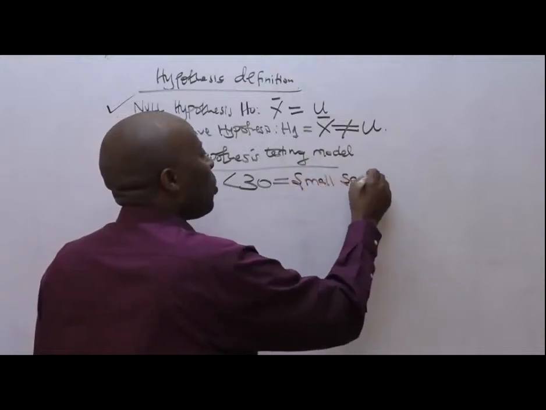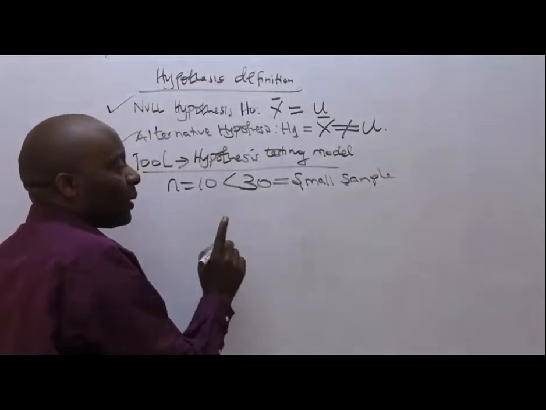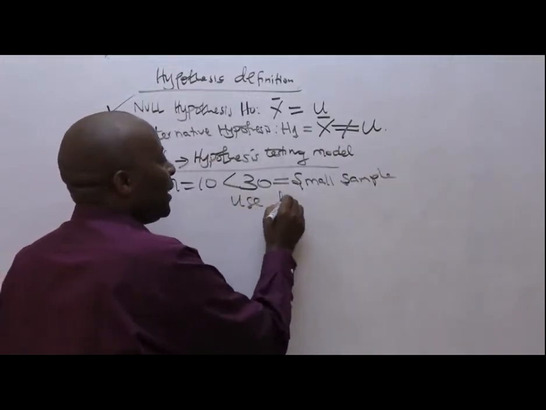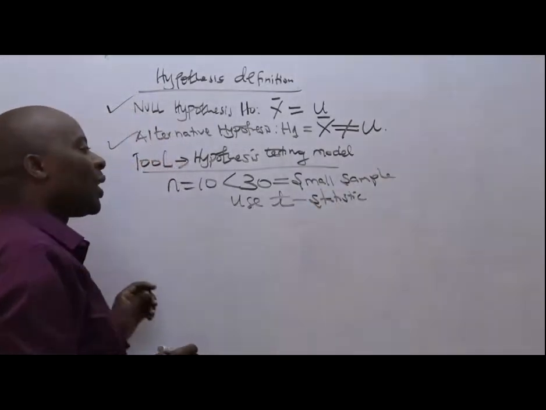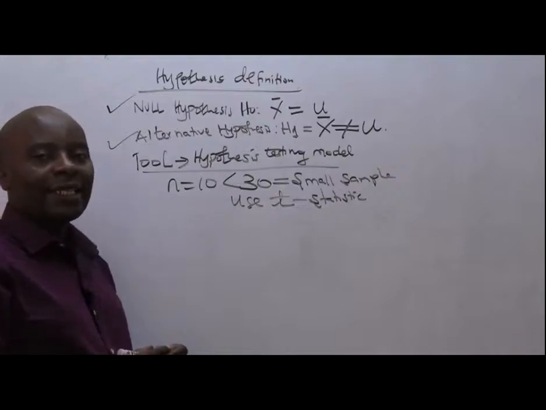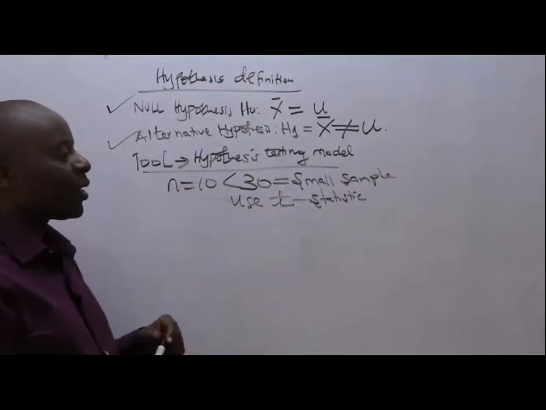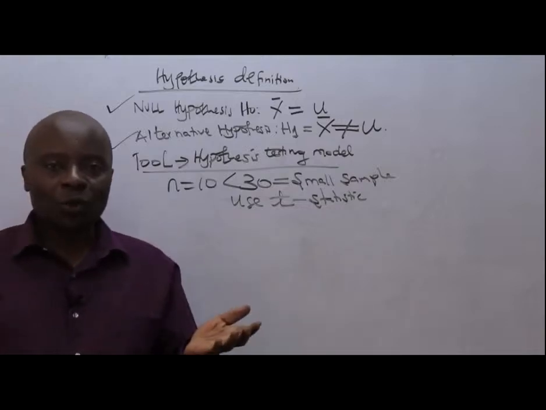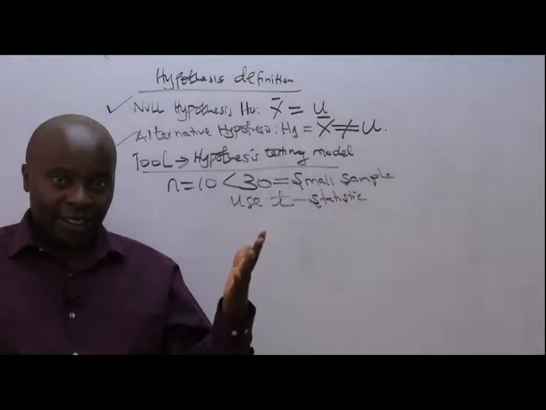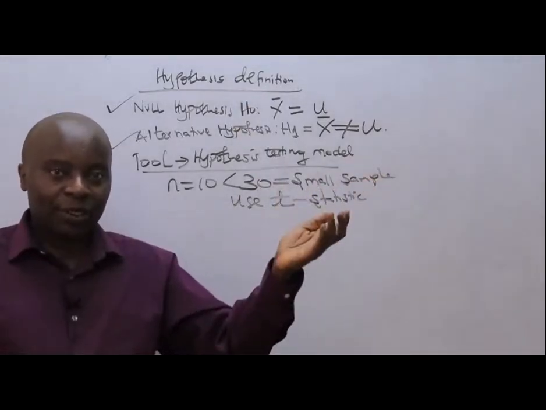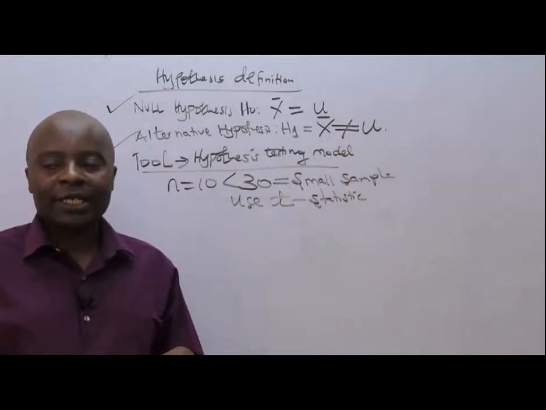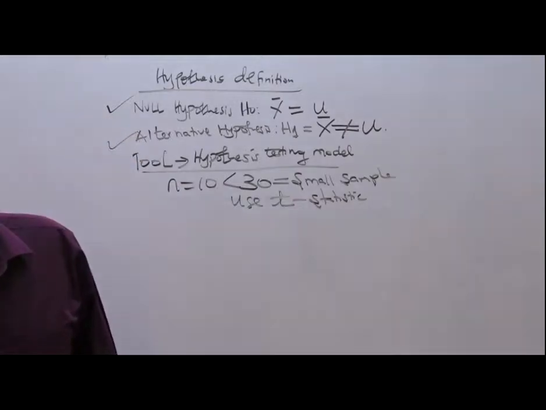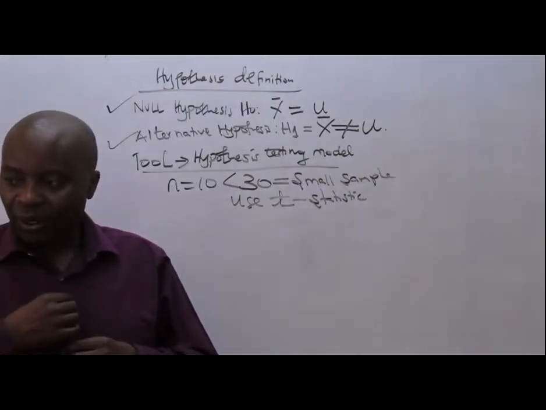And if we are calling it a small sample, then we shall use the T statistic to test this hypothesis. Remember, you could either use Z or T. Z is for large samples, samples whose N is more than 30. Small sample, you use T.